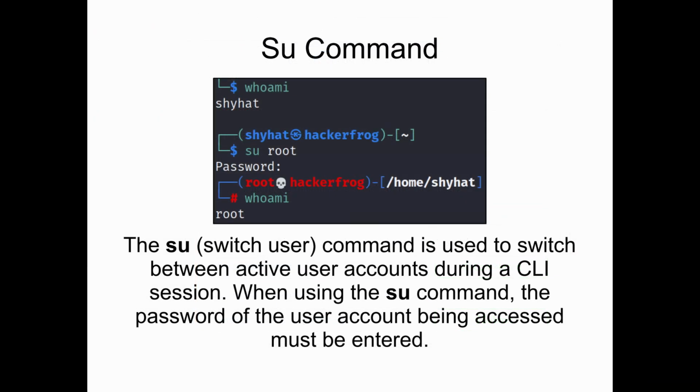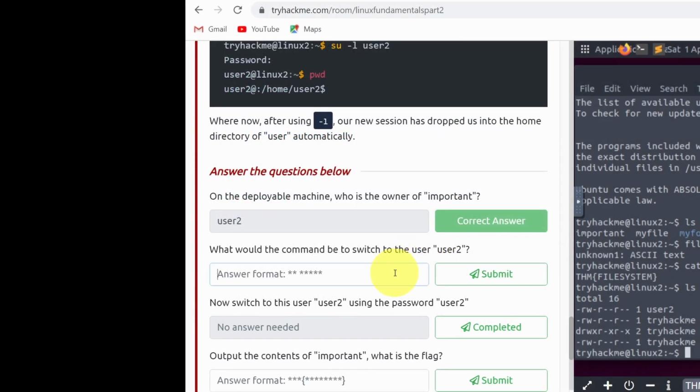The su command is used to switch between active user accounts during a CLI session. When using the su command, the password of the user account being accessed must be entered. The next question asks us which command we would use to switch to the user2. Enter the answer su user2, then click Submit.